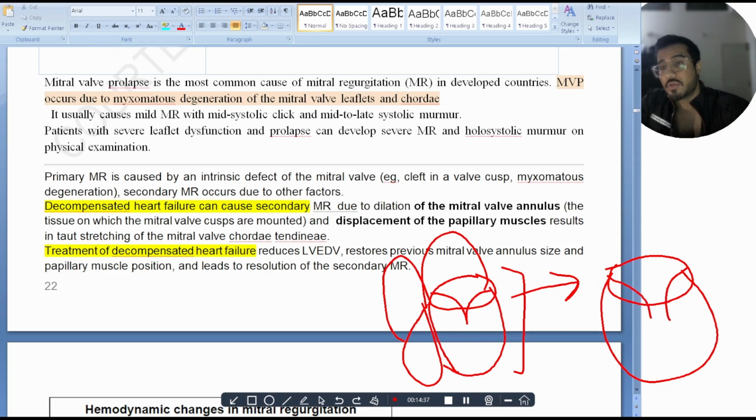So the cusps don't change in size, but the annulus does. When this happens, the closure or the approximation is not complete, and during ventricular contraction this results in backflow of the blood, aka mitral regurg. So this is the mechanics of how this works.